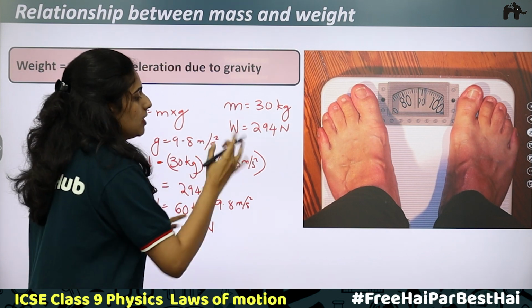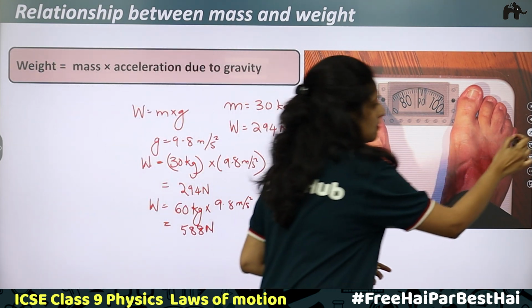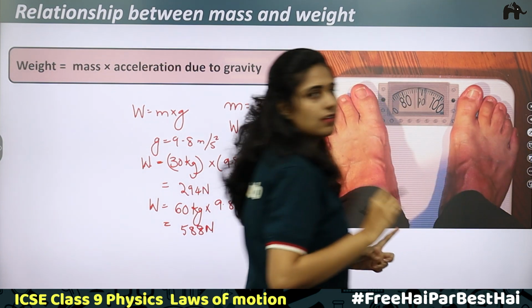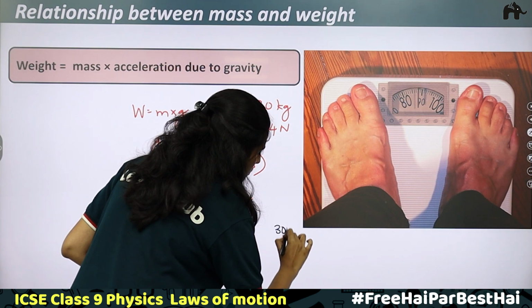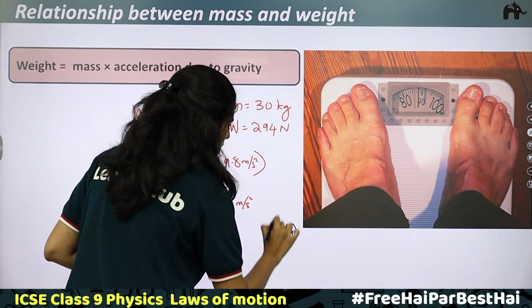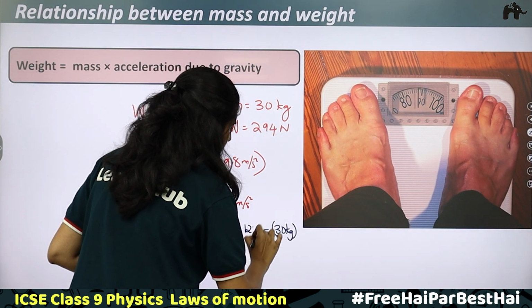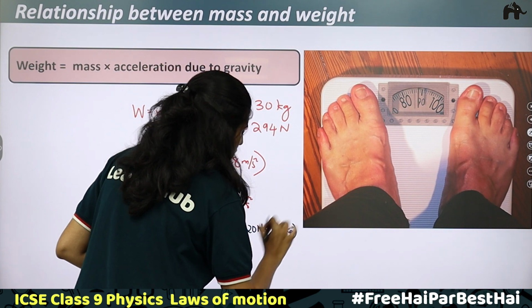If the measurement is made on mass, what happens? We had 30 kilogram as the boy's mass, and we got the weight to be equal to 120 Newton on Mars.